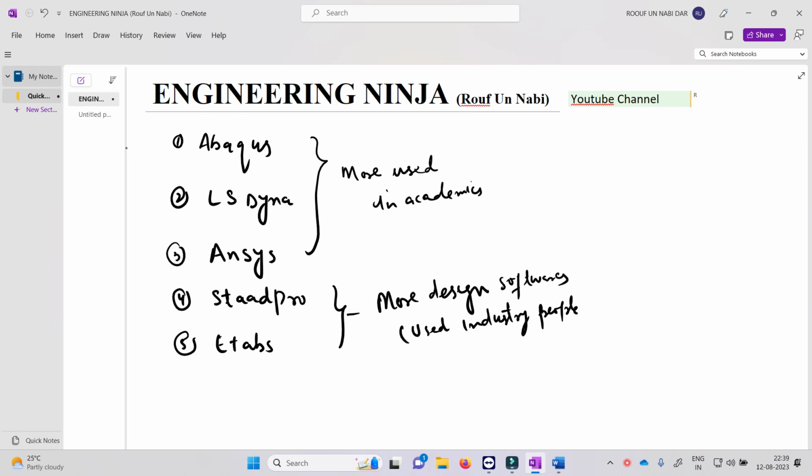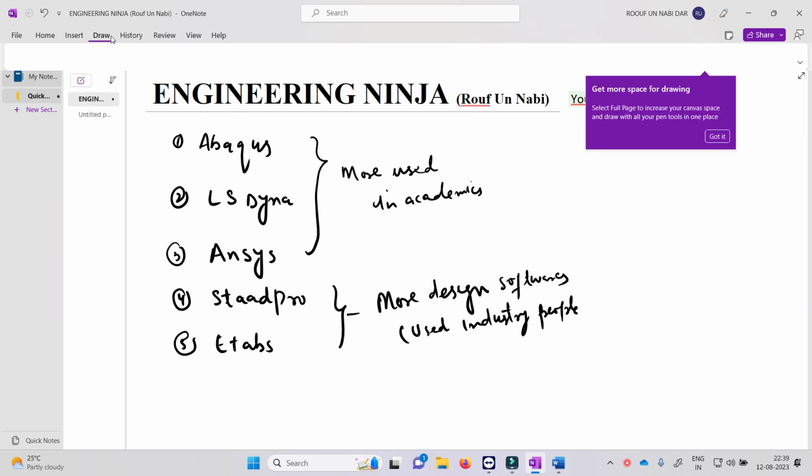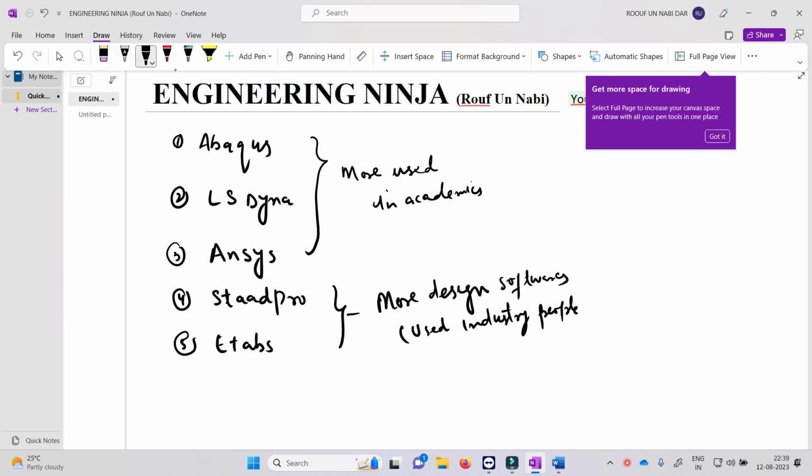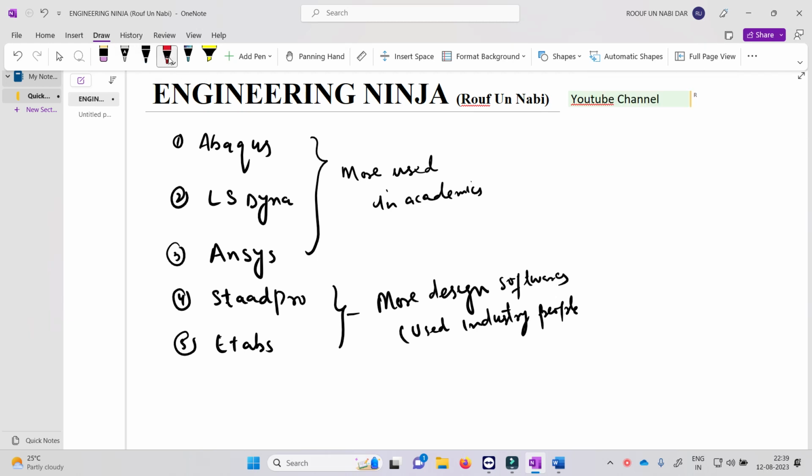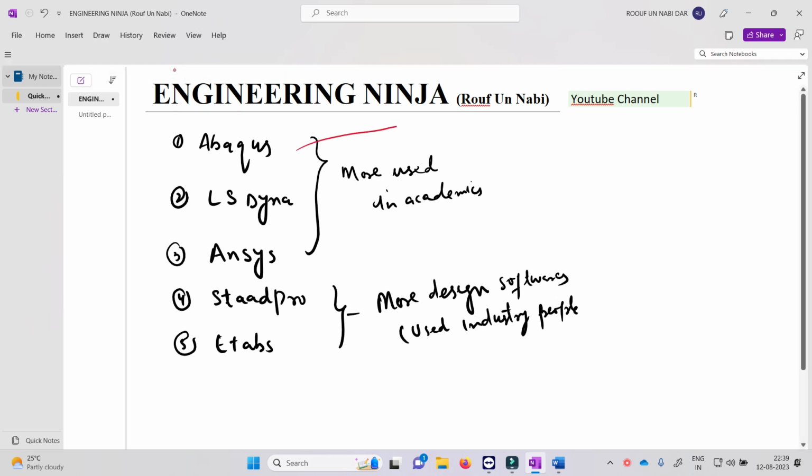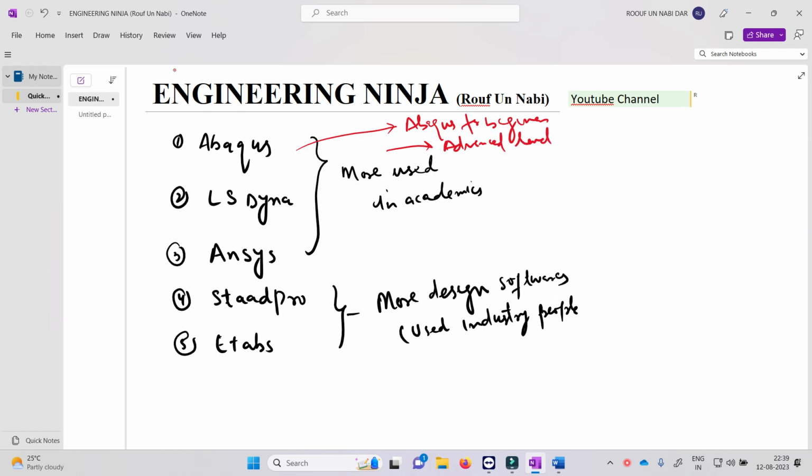For every software we will have two kinds of modules, like Abaqus for beginners, and then we will have an advanced level, wherein we will solve some complex problems.